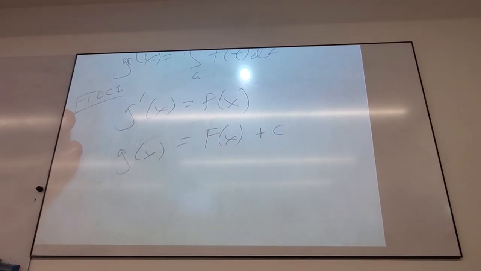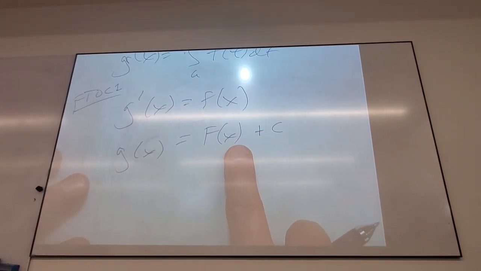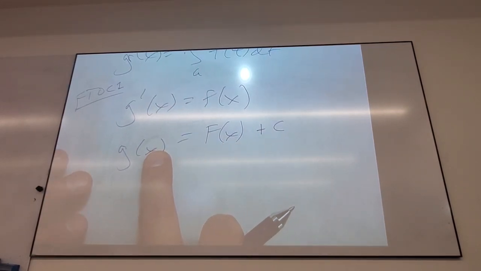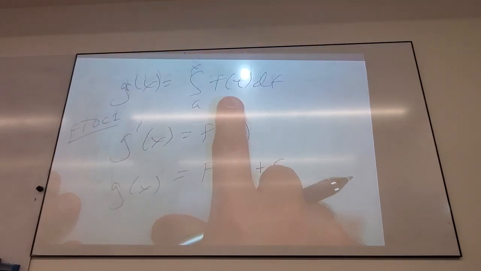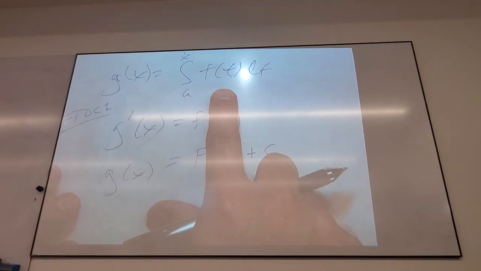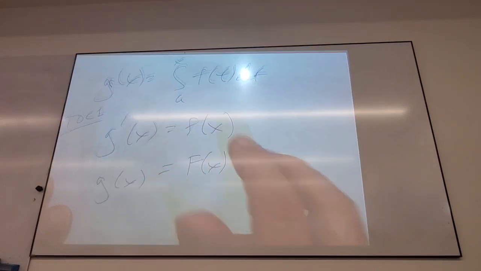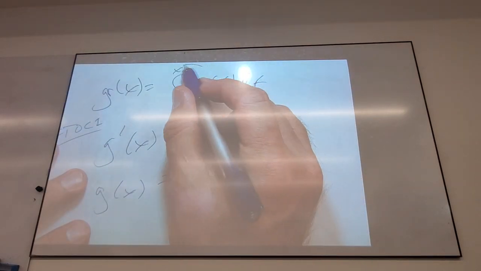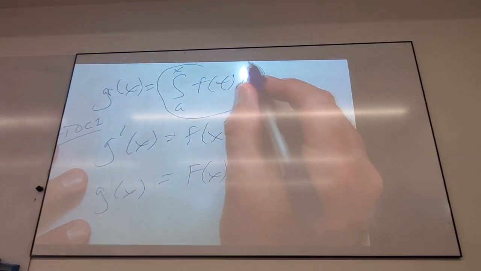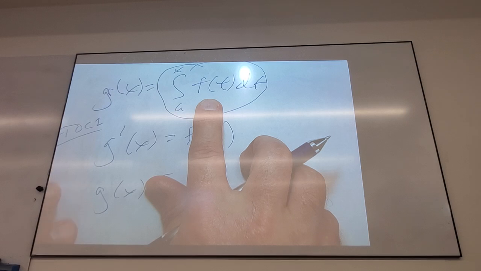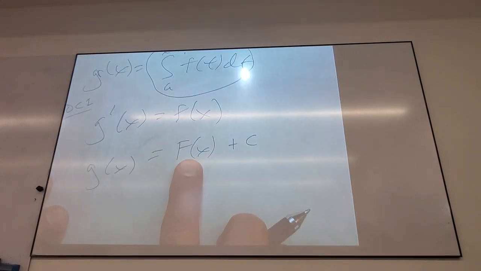Let's see. So what we just, I need you to see this. What was g of x again? The area integral, right? So we just showed, and again, what does this represent physically? An area. What is this?